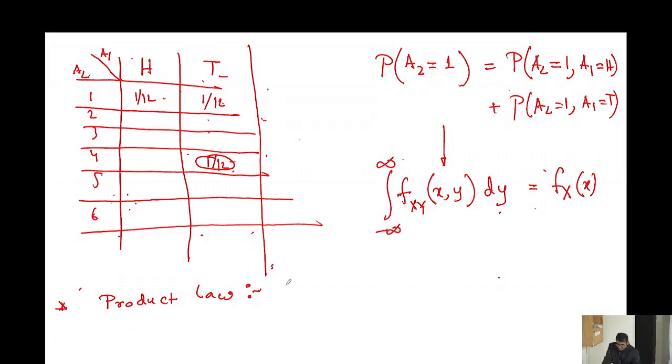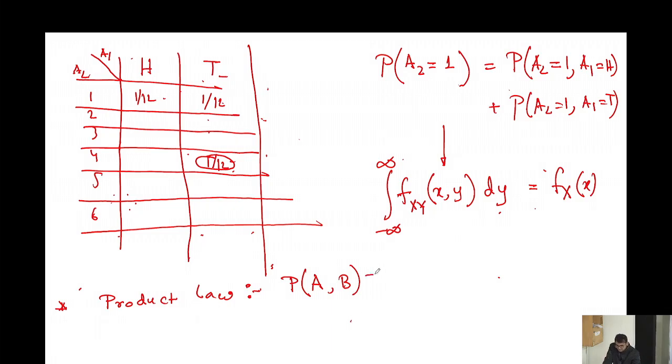And this is the law all of you are aware of, maybe not by this name. Probability of A comma B. And when I write A comma B, that means A intersection B, by the way. Keep that in mind. Intersection and comma are the same thing. Okay. So, A comma B means A intersection B. It is the joint probability.